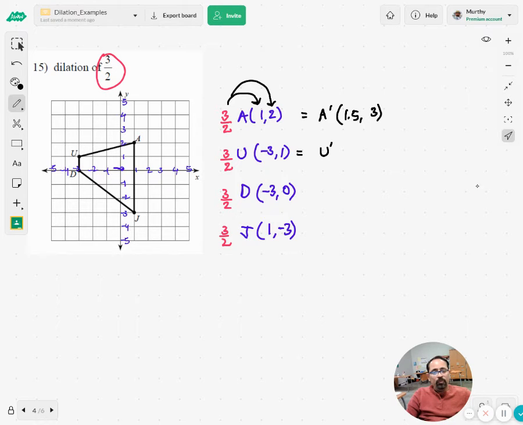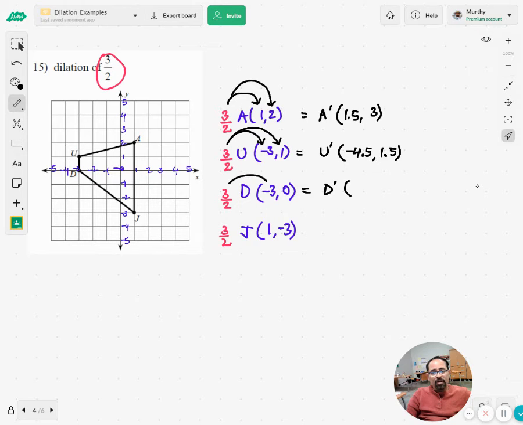Then U prime: 3 times negative 3 is negative 9. Negative 9 divided by 2, or half of negative 9, gives me negative 4.5. Next, 3 times 1, 3 divided by 2, gives me 1.5. If you have difficulty in computing, use a calculator.